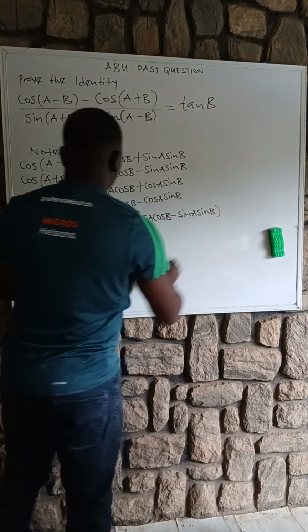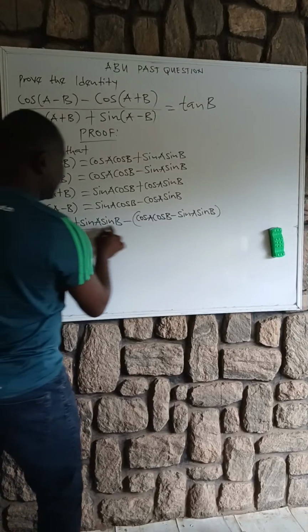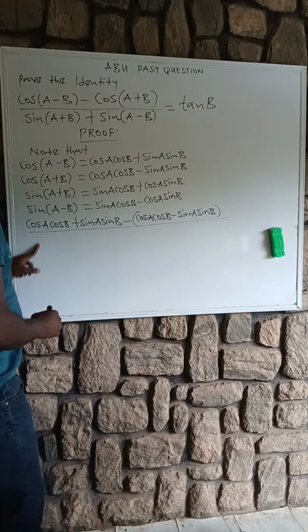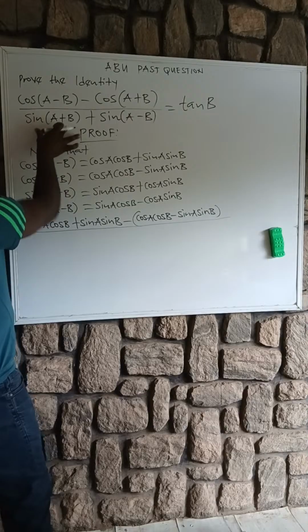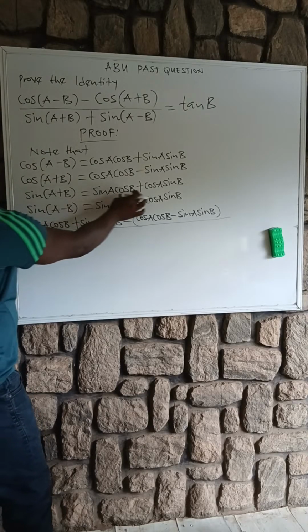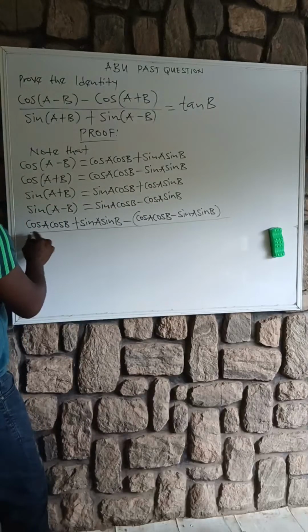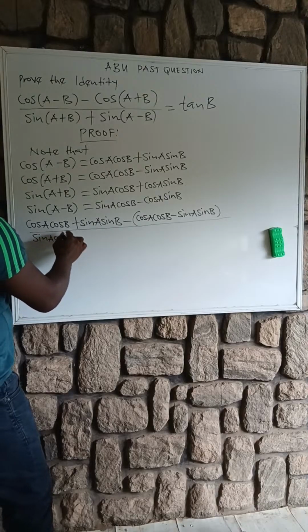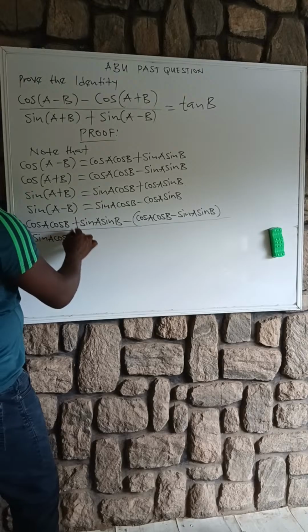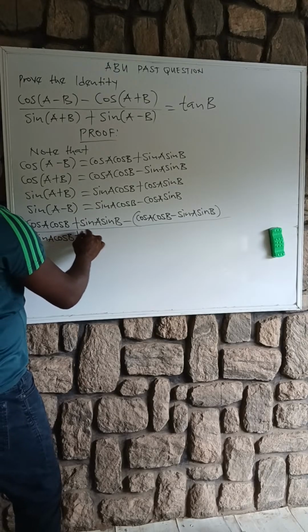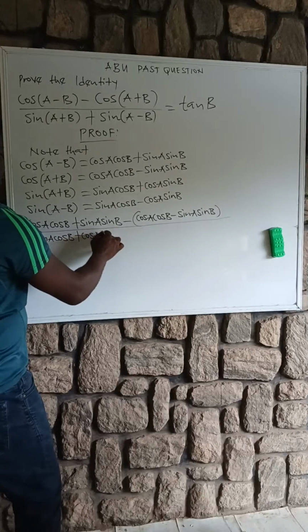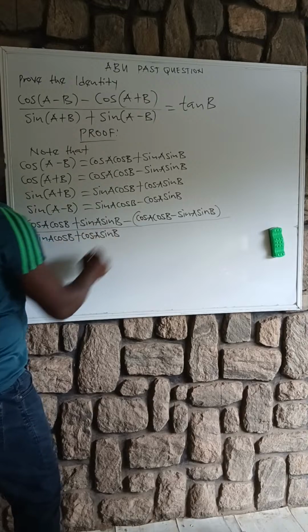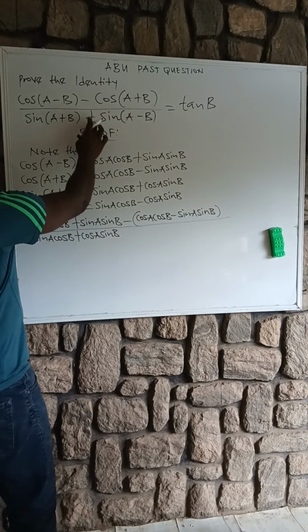Okay. Then all over. Instead of this, we write this, which is what? Sine A cos B, then plus cos A sine B. Then what do we have here? Plus.